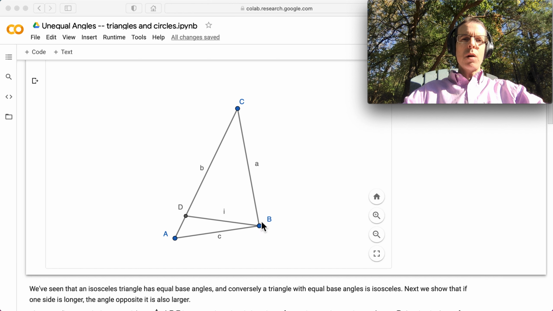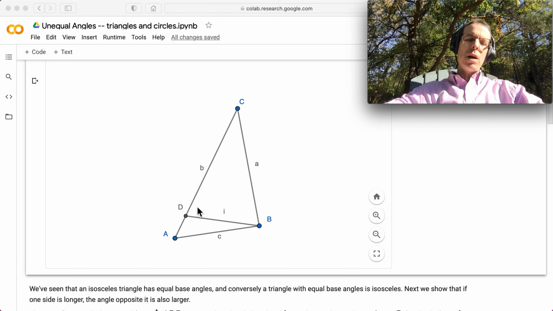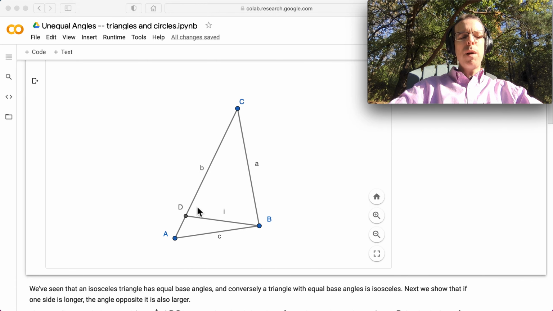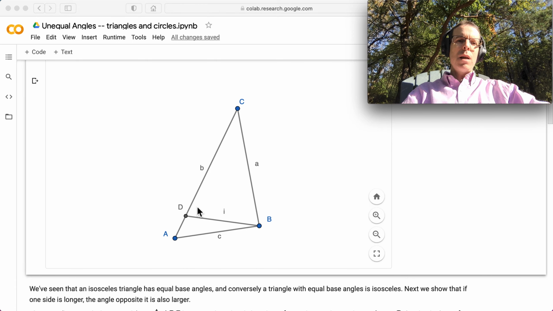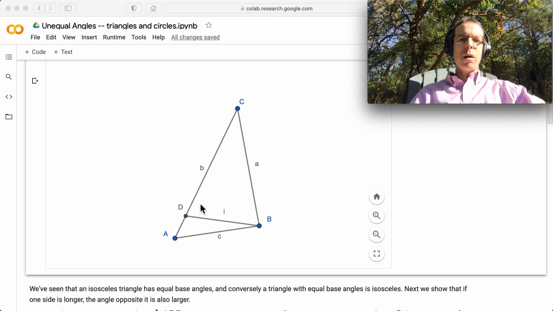So having achieved this little isosceles triangle here, we can say for sure that this angle CBD is equal to this angle CDB. Is that helpful? Well, maybe not. So let's see if that's helpful. So we have the equality of these two base angles of our isosceles triangle, but can we relate that to the original base angles at A and at B of the original triangle, the angles in particular CAB and ABC?